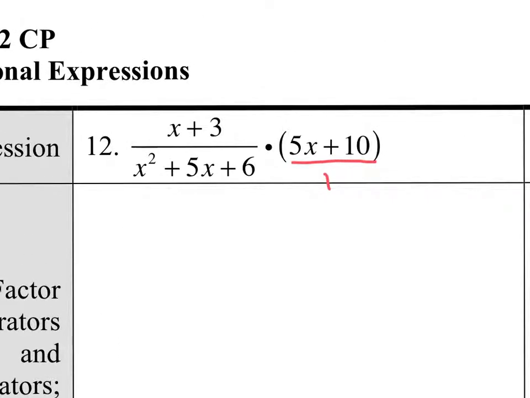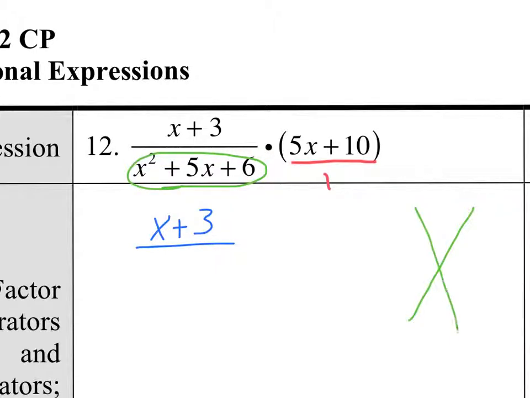The x plus 3 is already done. Ka-chow. Now, the x squared plus 5x plus 6 can be snowflaked in such a manner as this. So I have 5 plus 1 is 6. Excuse me, where's my mistake?